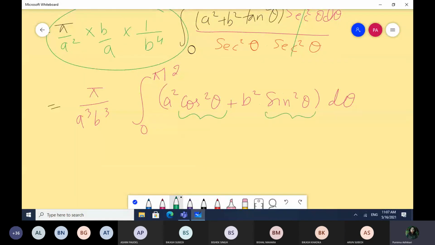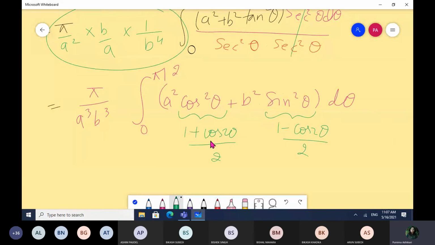And what about this? 1 minus. Exactly, 1 minus cos 2 theta by 2. Now you can easily integrate.